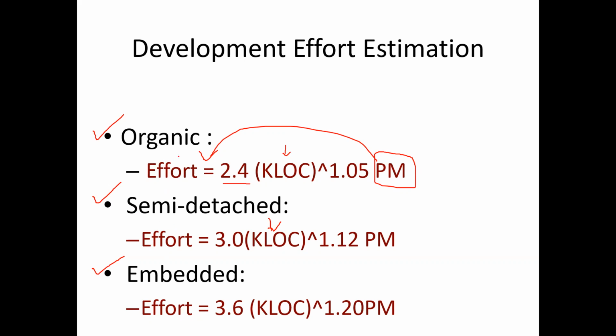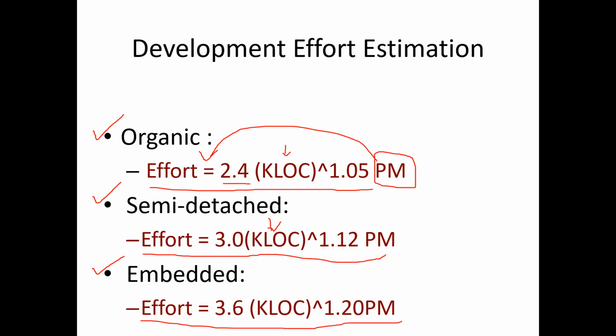If your software is organic type, this formula will be used. If it is semi-detached type, then this formula will be used. If it is embedded type, this formula will be used for the effort calculation. Fine? Understood? What is per person month?